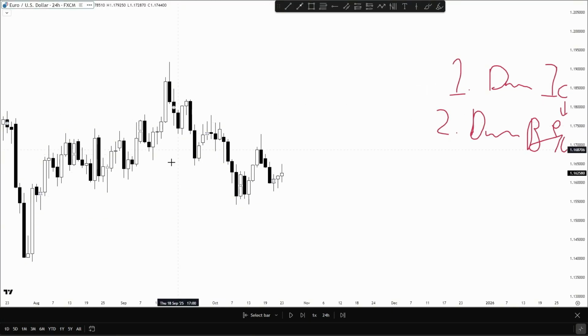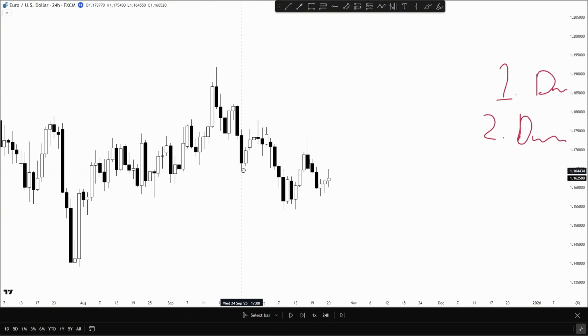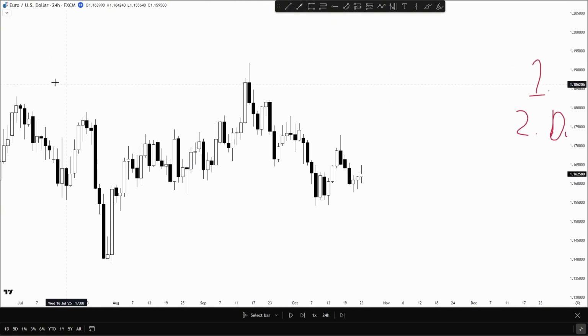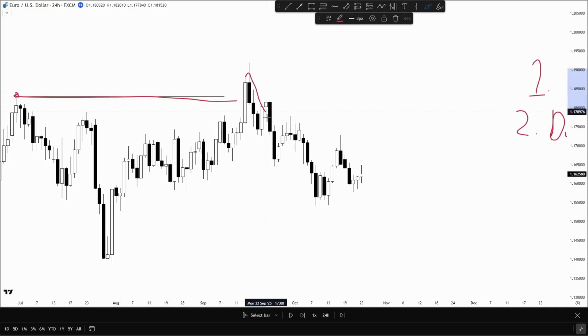So the way I build a directional idea for the higher time frame is, first of all, I looked at the structure and determined the underlying structure that the market is moving in, and I did that using the ideas of market structure. What you can see on the chart is that after we took out this major low right here, we then had a structural shift to the downside after we broke below this low.